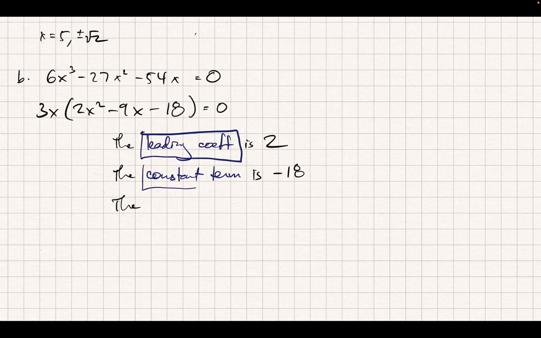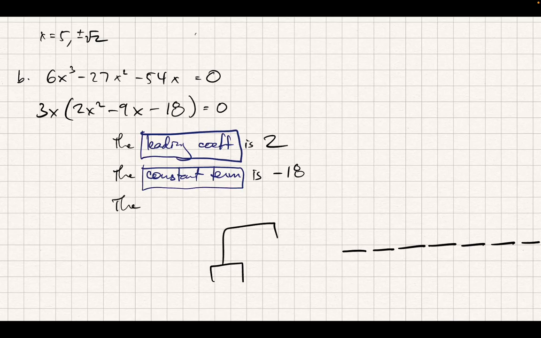Step 2, find the constant term. Step 3, find the factor. Jason, go. When you find the leading coefficient is 2 and the constant term is negative 18.